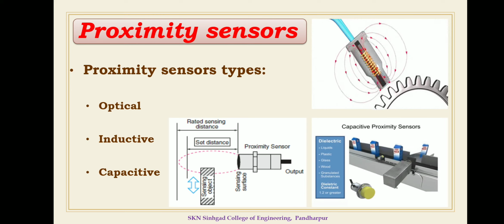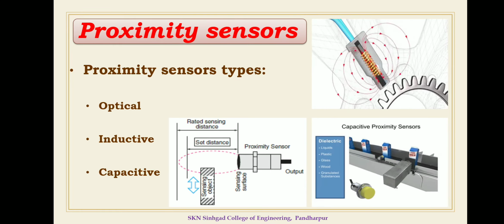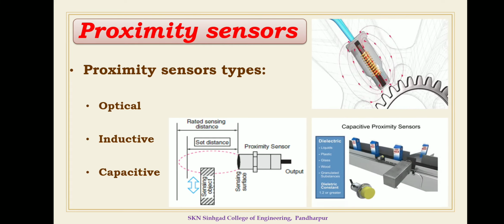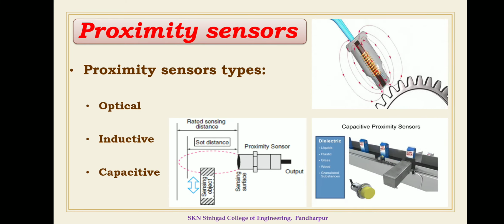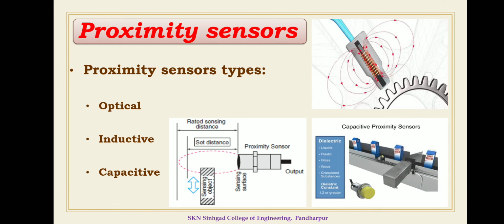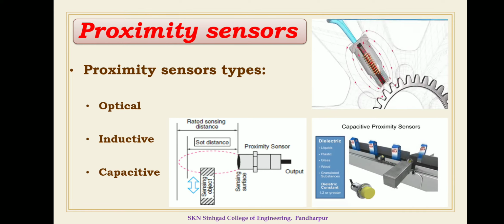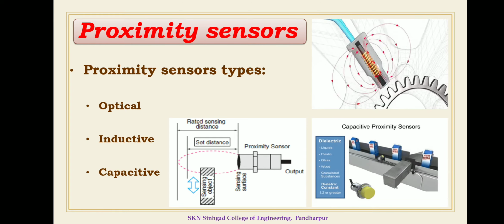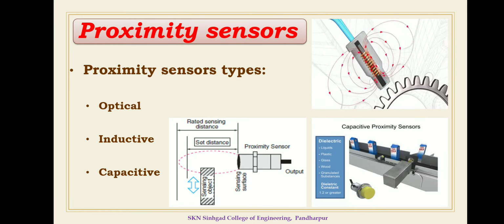There are three types of proximity sensors: optical proximity sensor, inductive proximity sensor, and capacitive proximity sensor. The second animation shows a capacitive proximity sensor for tin detection, or faulty tin detection. We will discuss all types of proximity sensors one by one.